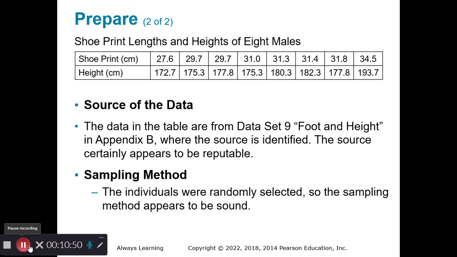So it's really important that as we talk about ways to look at data, we always back up a minute and look at where this data is coming from and perhaps how reliable we believe the data is. So looking at the source of this data, it does appear to be reputable, and again, our author and his team do a good job of finding real verifiable data for our examples.